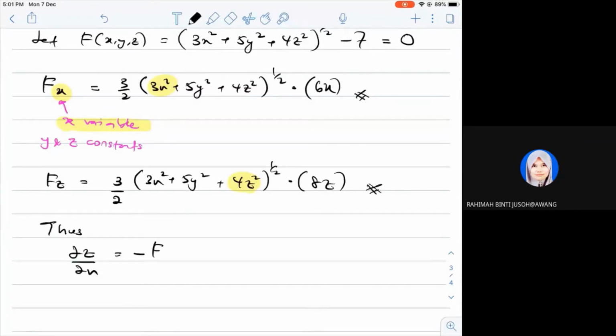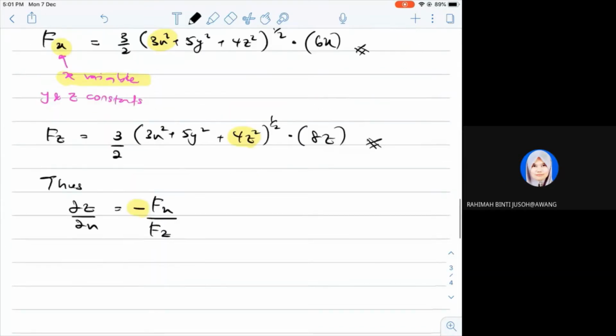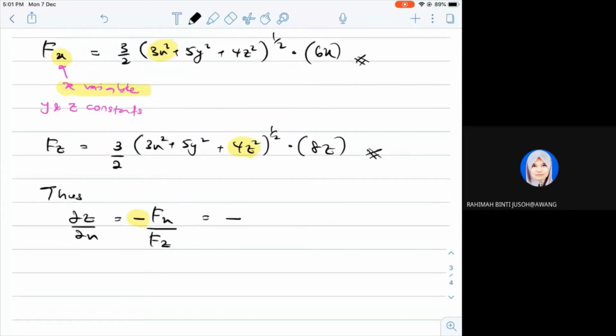Alright, so del z over del x equals to negative. Don't forget the negative, guys. If you forget this negative, you lose all the marks. So fx over fz, we will have equals to negative 3 over 2. If you look, it is the same on top and bottom, so you don't need to write it. Okay, no need for you to write this.